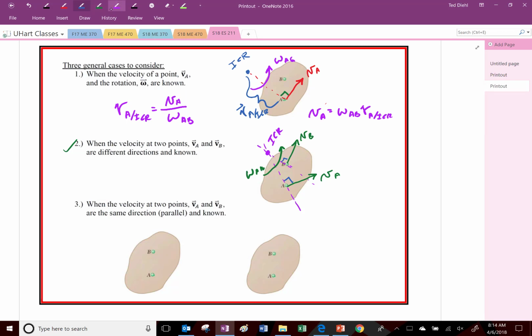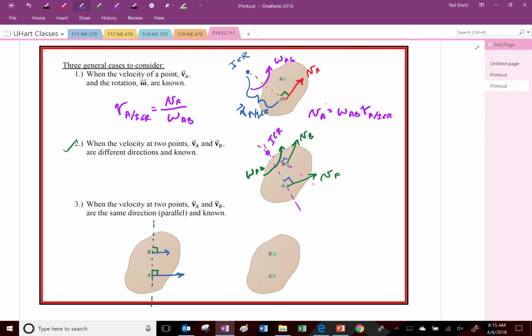One special case is when the points are in line with each other. When the velocities are parallel to each other but not equal, the lines that are perpendicular are in line with each other. They're both perpendicular right here.